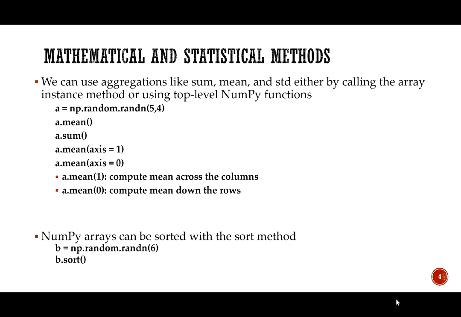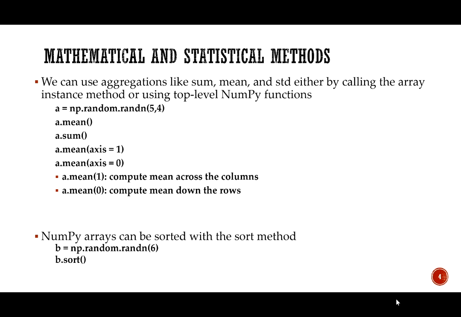Now, under mathematical and statistical methods, we can use aggregations like sum, mean, and standard deviation or variance, either by calling the array instance method or using top-level numerical Python functions.